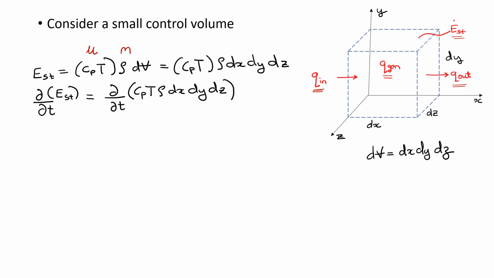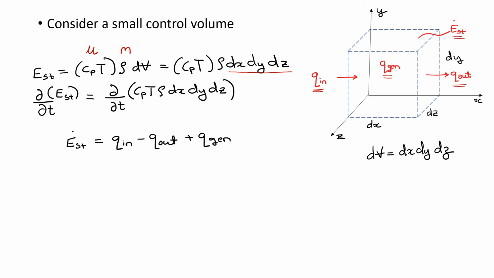Now dV can be written as dx into dy into dz. Now taking the derivative of this equation with time, we get del by del t of the energy stored is del by del t of Cp T times the density of the control volume in this scenario, times dx dy dz.